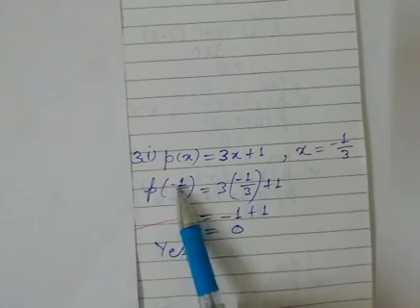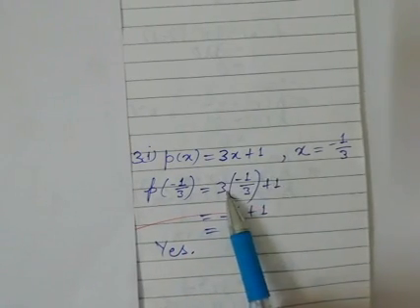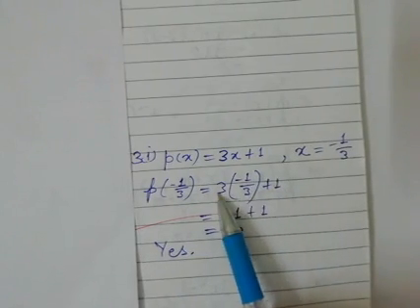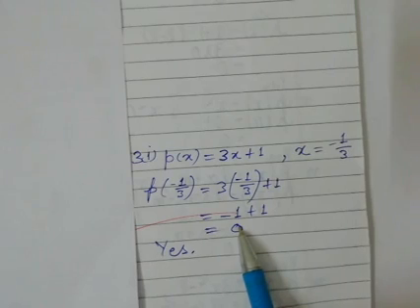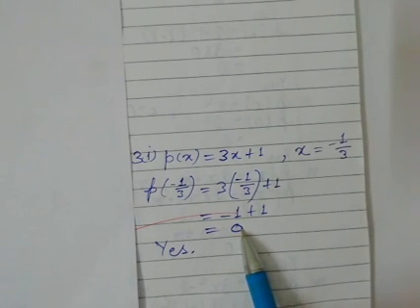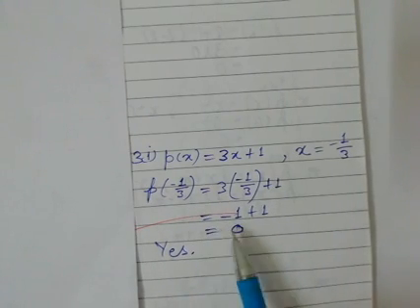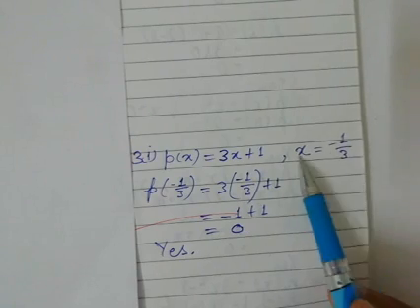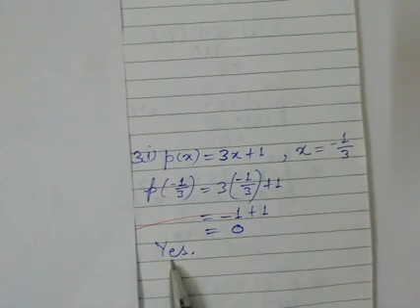So p at minus 1 upon 3 is equal to 3 multiplied by minus 1 upon 3 plus 1. 3 cut by 3 gives us minus 1 plus 1, which gives us 0. So here the remainder is 0. If the remainder we find is 0, then the given value of x is a zero of the polynomial. So we write here yes.